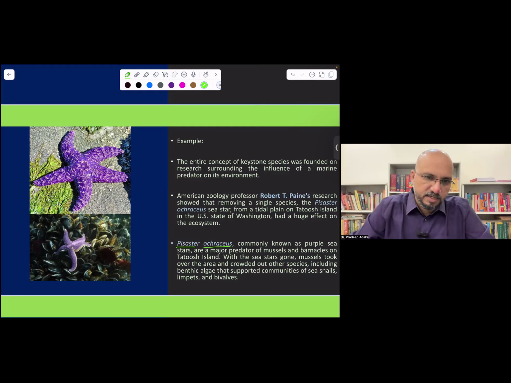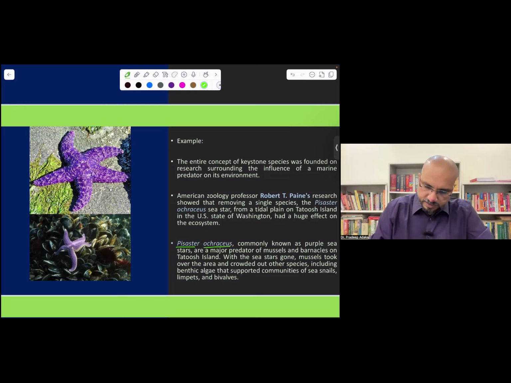So this is a sea star. It belongs to phylum Echinodermata. You might have heard about other animals in Echinodermata: you have sea urchins, sand dollars, sea cucumbers. So the sea star is an animal belonging to Echinodermata.